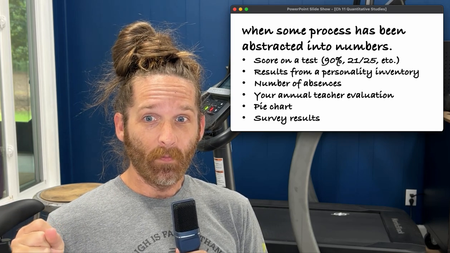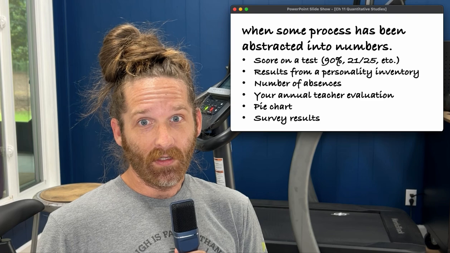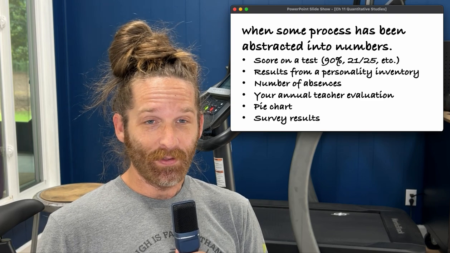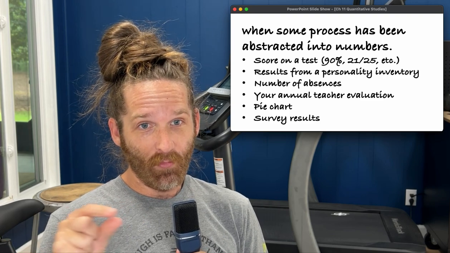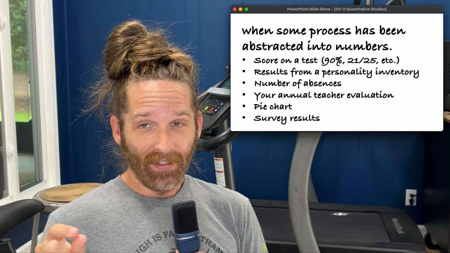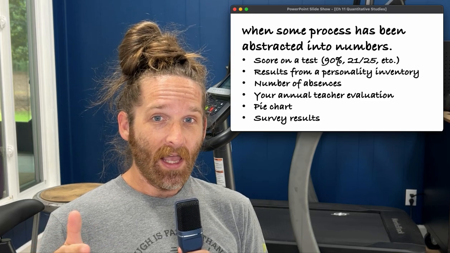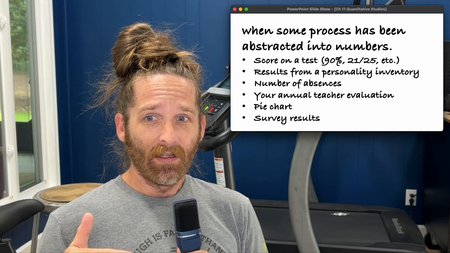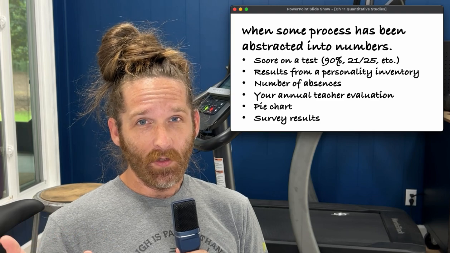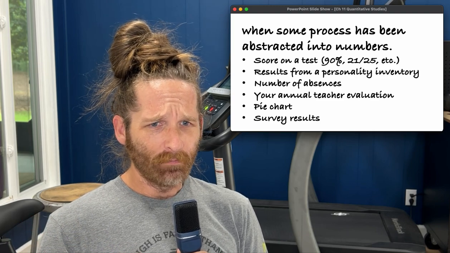So for example, reading is a complex method of interpreting a bunch of black markings on a white background, and it involves syntax and semantics and the structure of language and meaning and grammar and so on.